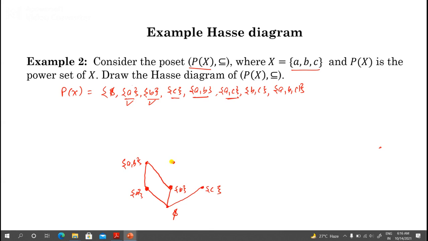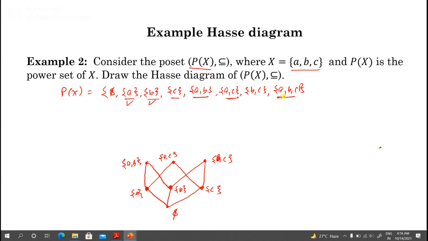So use one vertex here, write it {a, c} and join these two. So this is the cover of a and c. Now {b, c}. This is the cover of b and c. So write it {b, c} and join these points. So this is {b, c}.